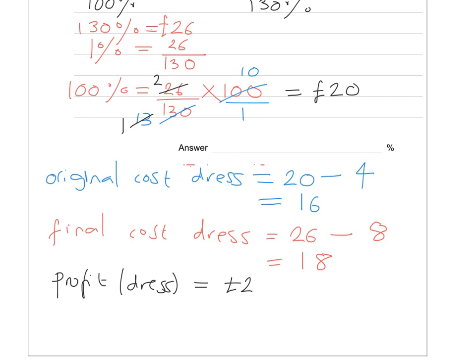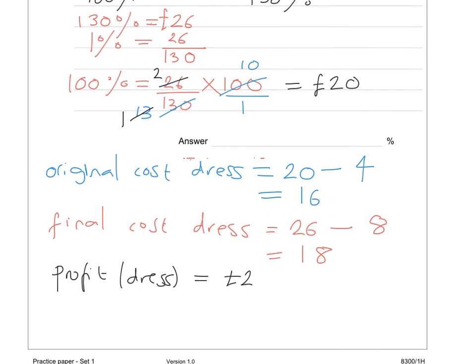The difference between £18 and £16, so the percentage profit on the dress is equal to the difference in price, which is 2, divided by the original price of the dress, which is £16, multiplied by 100. So again, we can work out this calculation.